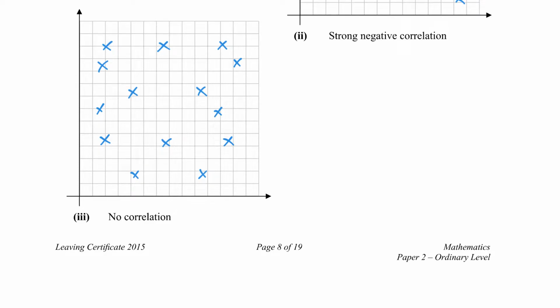If I draw a line of best fit, that wouldn't fit, or this wouldn't fit. So it's very difficult to put a line of best fit to that. Because there's no line of best fit, that one there has absolutely no correlation. And this year, had you done that in the exam, you would have got 20 marks, which is a lot of marks, to be fair, for that question.